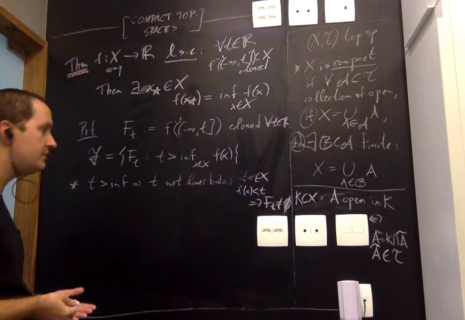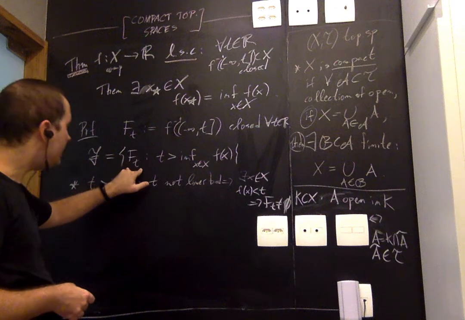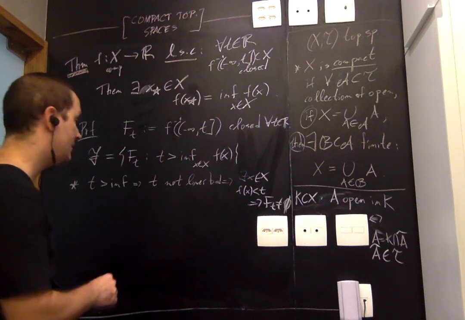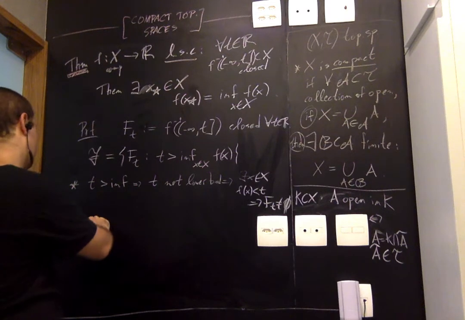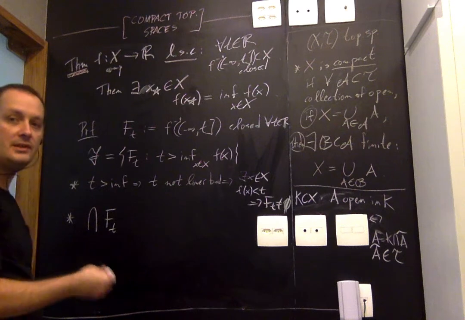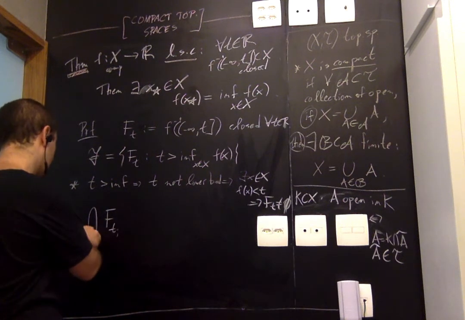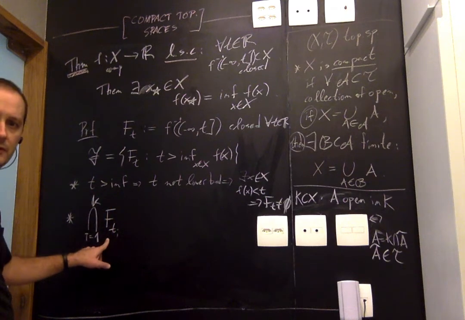We're going to use the finite intersection property, right? So I'm going to check that actually any intersection of finitely many sets in this collection is non-empty. And how is that? What do these finite intersections look like? Well, I'm going to take different values t sub 1, t sub 2, t sub 3, up to t sub k for some finite k. And I'm going to look at the intersection of sets over here.